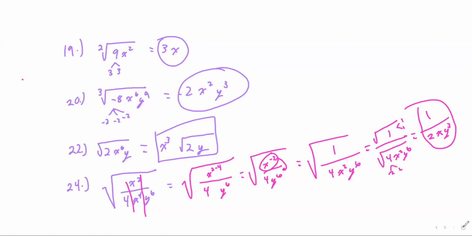All right, let's do another example there. Look at number 26. So it looks like it's the cube root of negative 125 x to the 12th, y to the 9th. All right, so same process, three numbers that multiply to negative 125. Let's try 5.